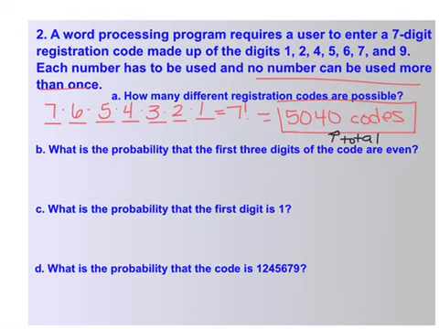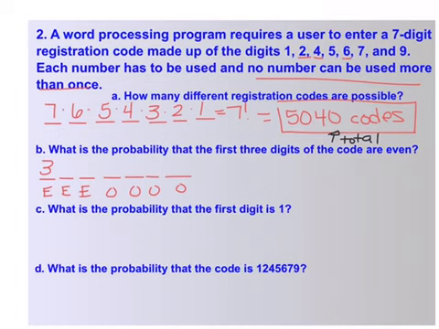Now for part B, we're looking at what is the probability that the first 3 digits of the code are even. So I have a 7-digit code, 1, 2, 3, 4, 5, 6, 7. I need the first 3 of them to be even. The last ones will be odd then. How many total even numbers do I have? Well, I have a 2, a 4, and a 6. So I have 3 even numbers.